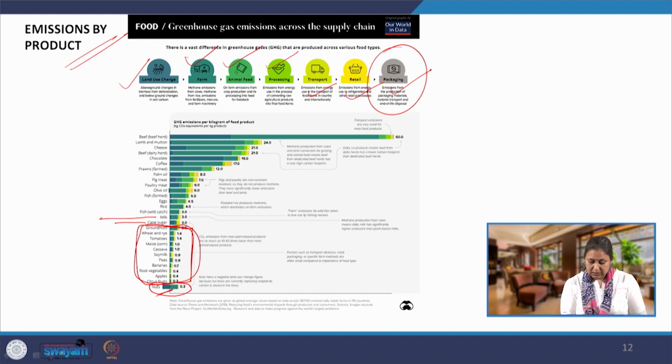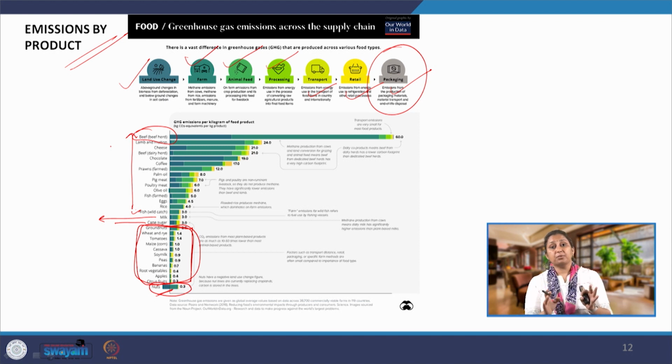So, milk when it is not processed is here, and the moment you start to talk about non-vegetarian food, wild caught fish is the least here, which is what you see here, and then highest being beef, especially the farmed kind, produced on a farm, that kind of beef, lamb, they have very high carbon footprint.